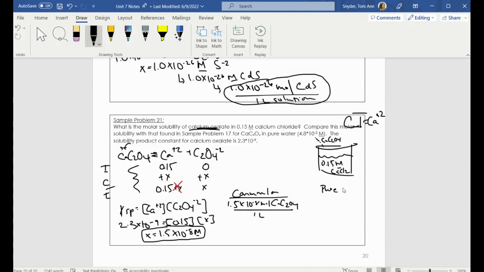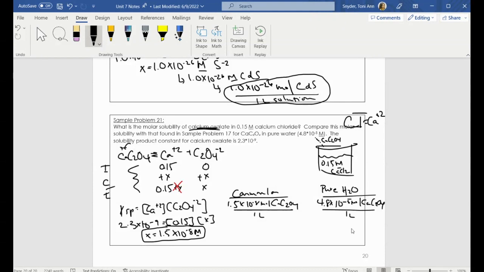In pure H2O, I know that my molar solubility is 4.8 times 10 to the negative 5th. We determined that in sample problem 15. So 4.8 times 10 to the negative 5th moles of calcium oxalate dissolves in 1 liter of solution in pure water. Just compare those number of moles.